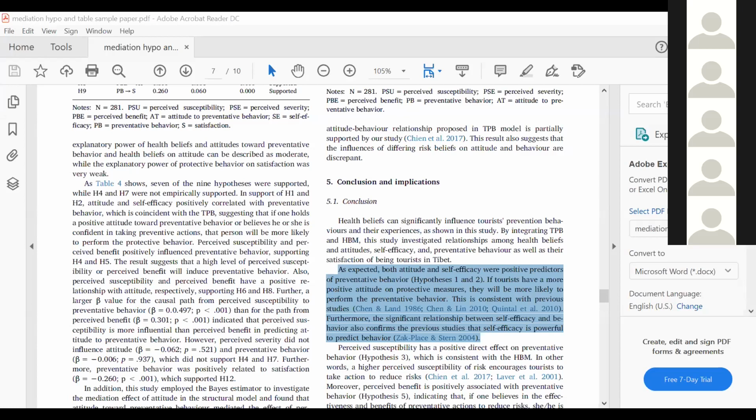Do you agree to this? He will say, yes, Jaspreet, the tourists will have a more positive attitude, and then they will be more likely to show preventive behavior.